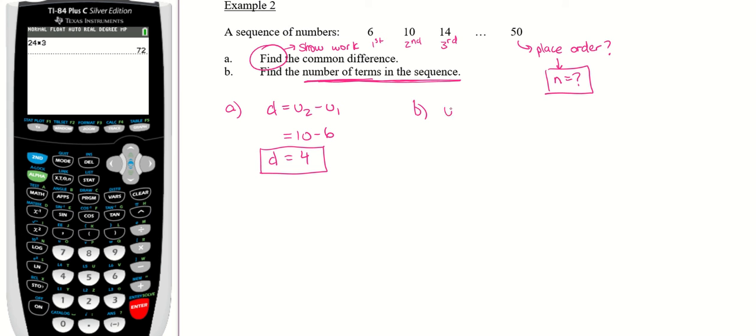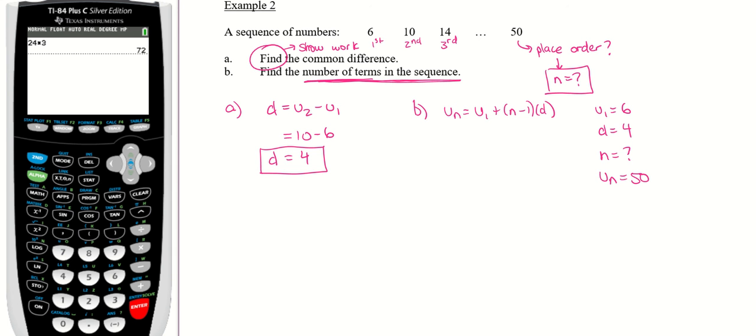So again, we're going to use the same formula, but we're just going to be looking for a different value in that formula. So I'm going to start by writing down the formula, and again, making myself a little list of what I know. So u1 is 6, d is 4, n this time is unknown, I don't know that, but un, which is the value of the nth thing in the list, or the last thing in the list, this time is 50.